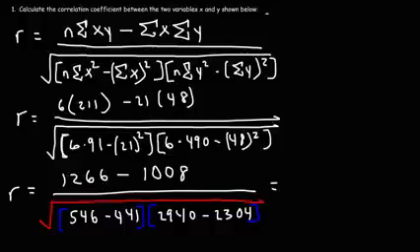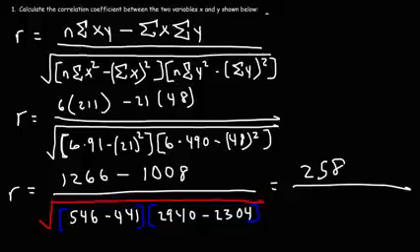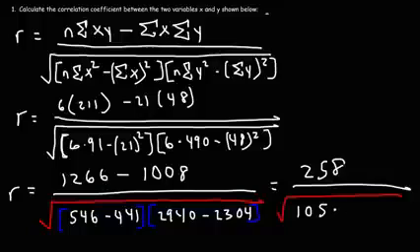Now let's subtract 1266 by 1008. So that's 258. And then we have 546 minus 441, which is 105. And then 2940 minus 2304, that's 636.